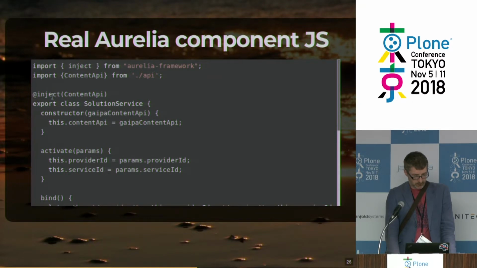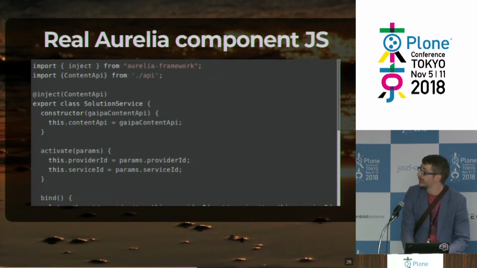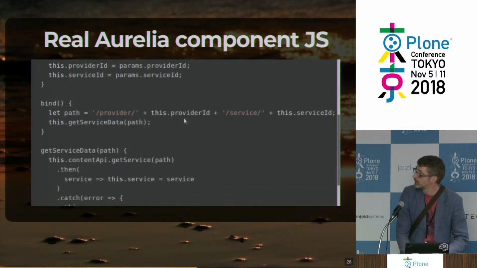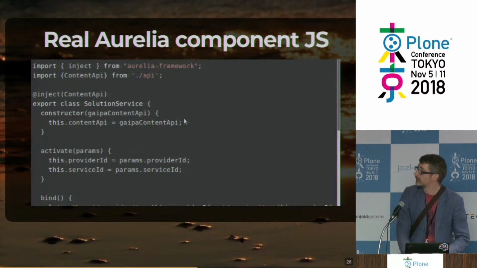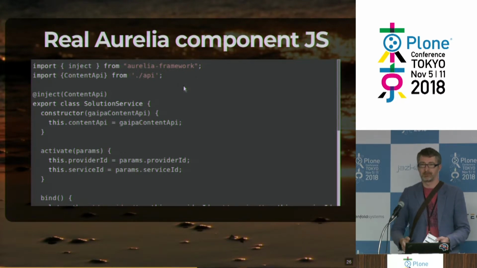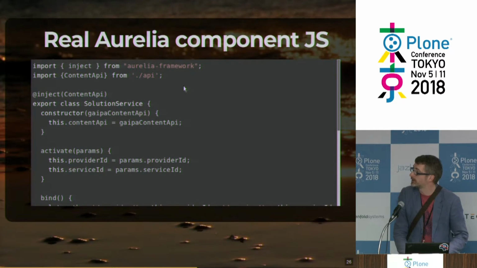Yeah, this is a little bit bigger example. So here we actually also have some imports. It's not that Aurelia is doing anything without importing anything, but for simple stuff you don't need imports.